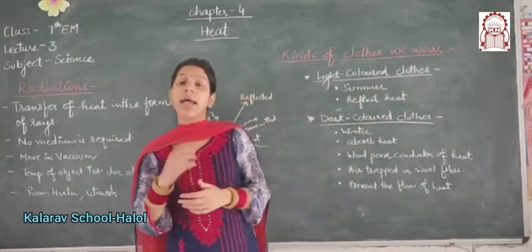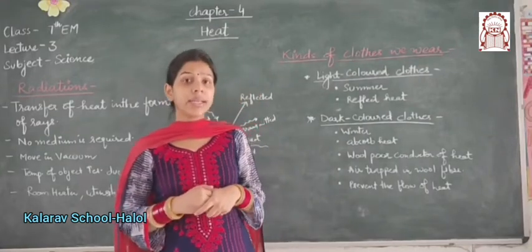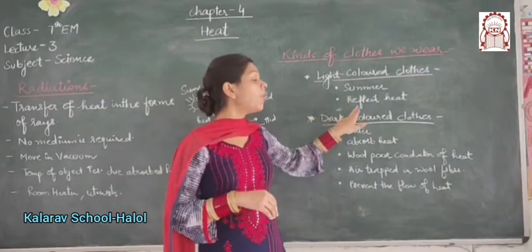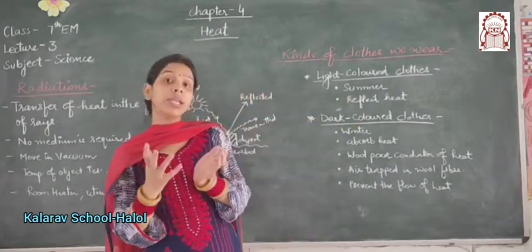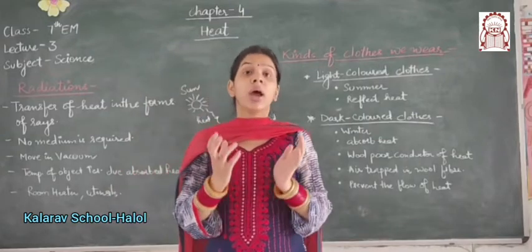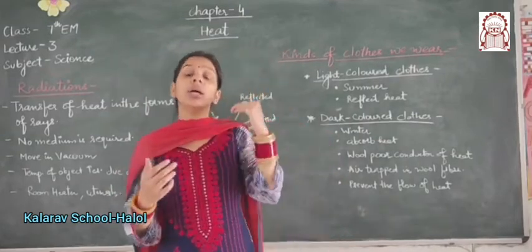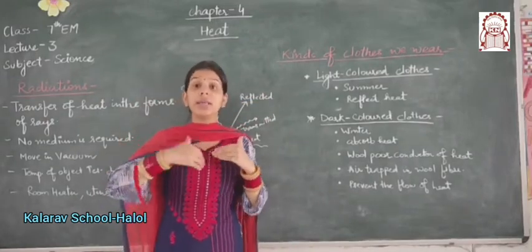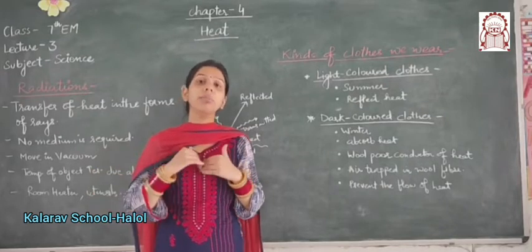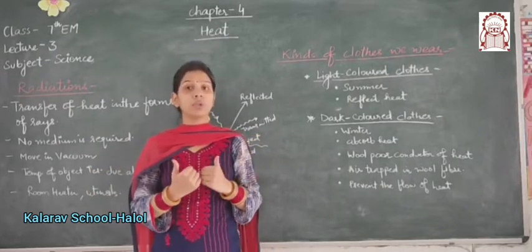Light colored clothes are worn in the summer season, as these clothes reflect heat. In summer we need a cooler environment because of the heat, so light colored clothes reflect that heat and help us become cooler.